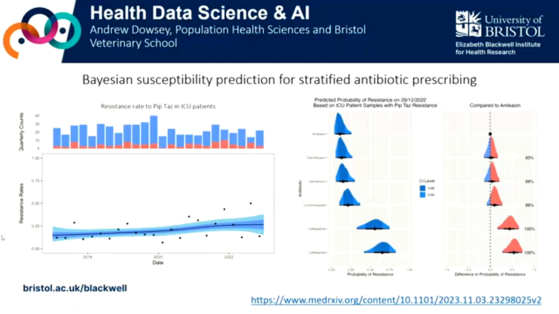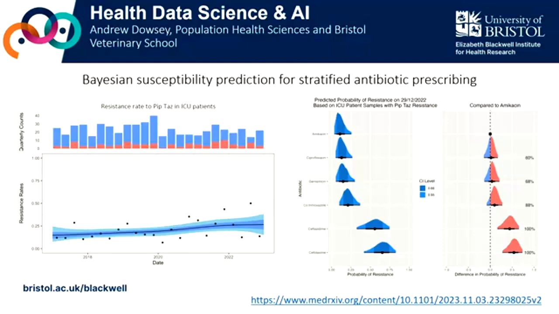And on the bottom left here, the first thing I'm going to show you is almost not AI, because it's a Bayesian model for looking at resistance rate changes over time. They can be different for all patients than patients in a specific ward. And they're different if you know that the bug is already potentially resistant to your first line antibiotic and you want to switch to another antibiotic.